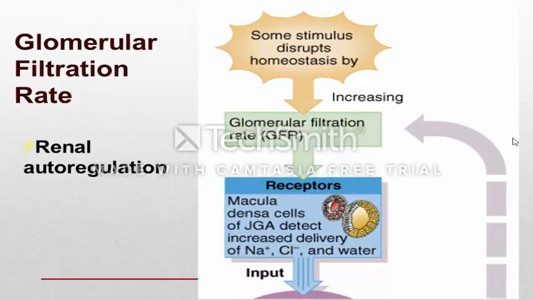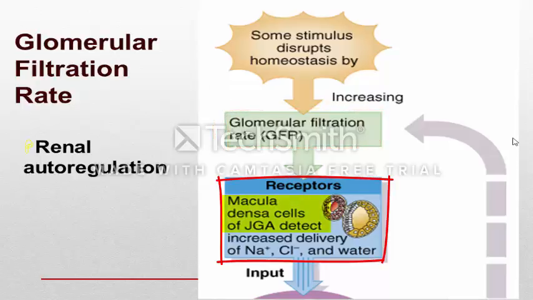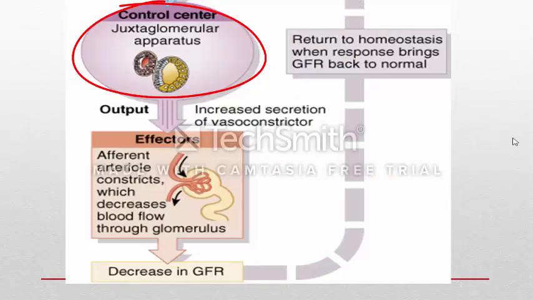This diagram is available from your textbook and shows the process of renal autoregulation. If some stimulus disrupts homeostasis by causing an increased glomerular filtration rate, this will be detected by the macula densa cells of the juxtaglomerular apparatus. These cells pick up on the increased delivery of sodium, chloride, and water. This information is fed into the control centre in the juxtaglomerular apparatus, and as a result, there is increased secretion of vasoconstrictor.